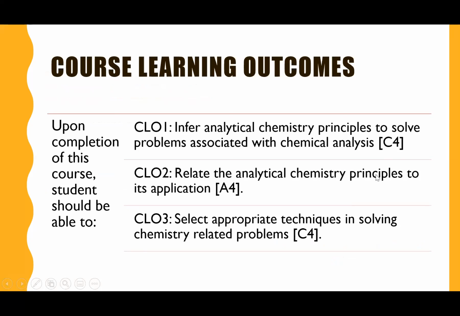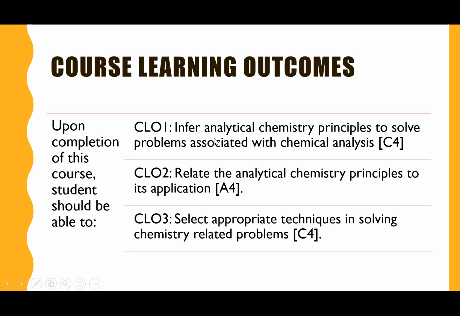So for this course, there are three learning outcomes that we are trying to achieve throughout this semester. Upon completion of this course, students should be able to, first, infer analytical chemistry principles to solve problems associated with chemical analysis.